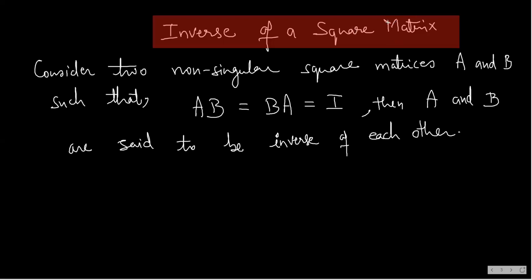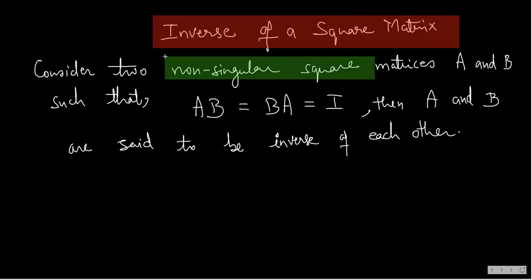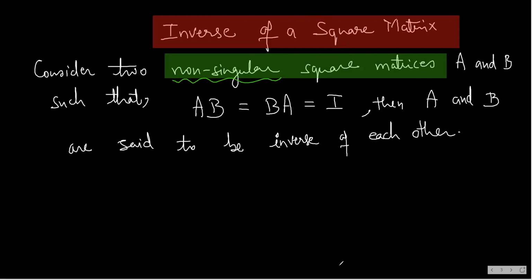So let me now highlight those important words in this statement. You wrote consider two non-singular square matrices. What are non-singular? A non-singular matrix is a square matrix whose determinant value is not equal to 0.